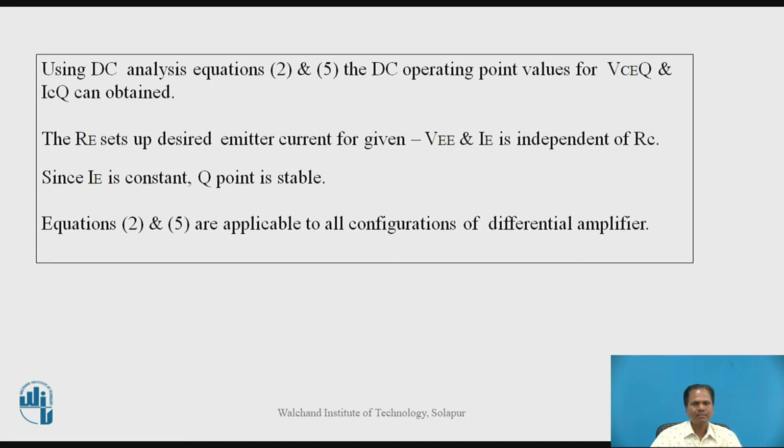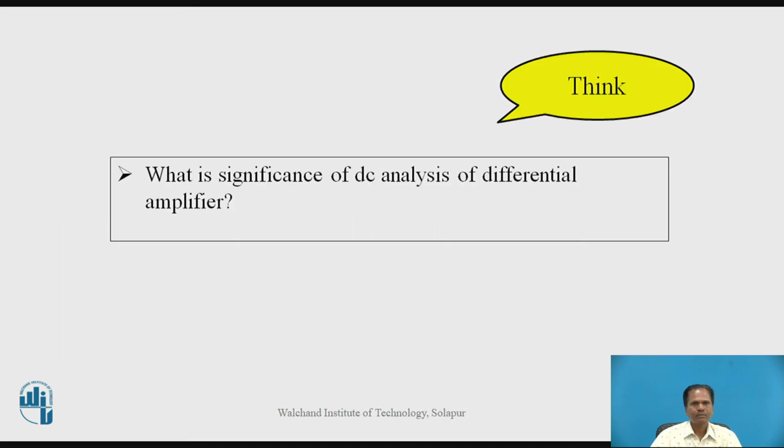As the emitter current is constant, the Q point is stable. So in this way, by performing DC analysis, we got the values for the DC operating point, like the output collector current ICQ and the output collector to emitter voltage VCEQ.